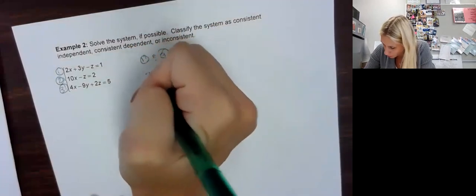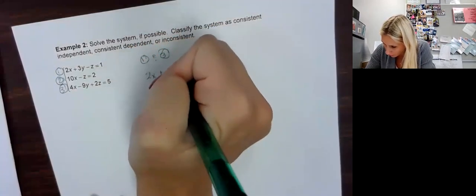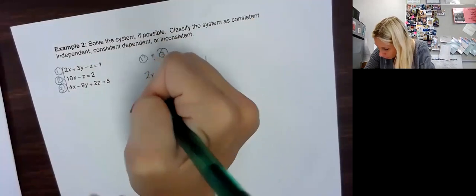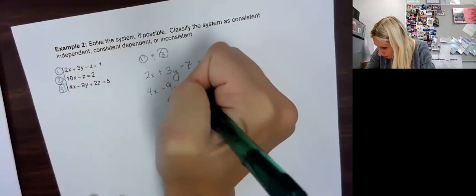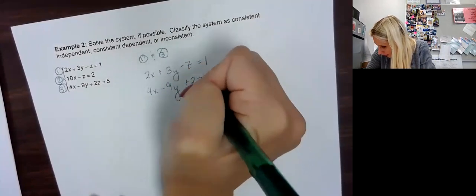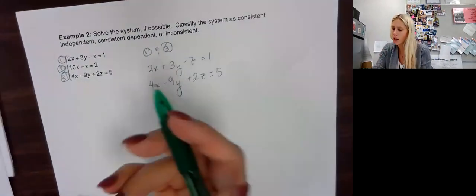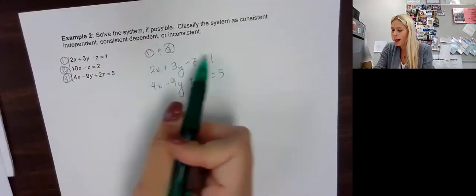Okay, so 2x plus 3y minus z equals 1 with 4x minus 9y plus 2z equals 5. Okay, what did I say before? I said, oh, I'm going to get rid of y here.